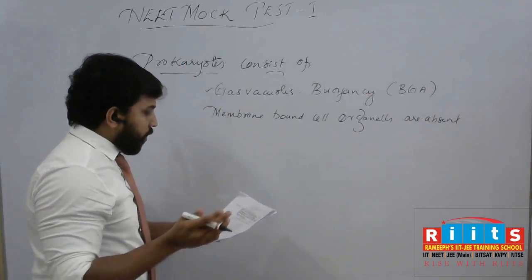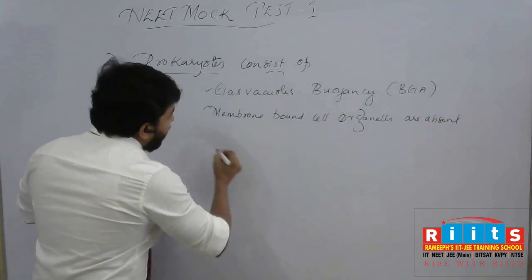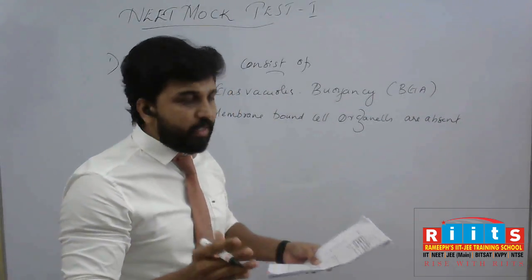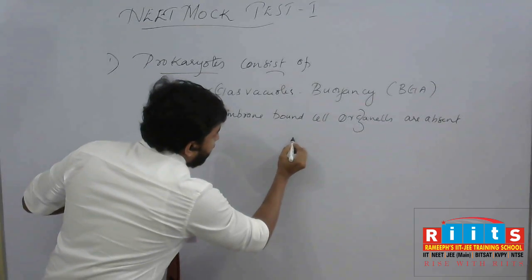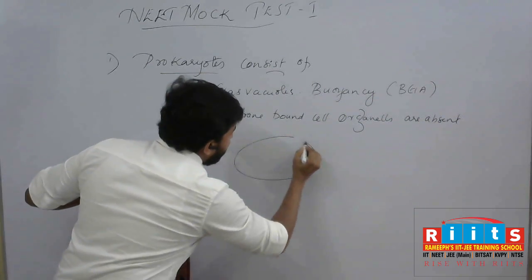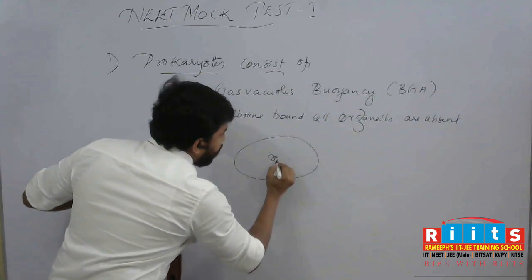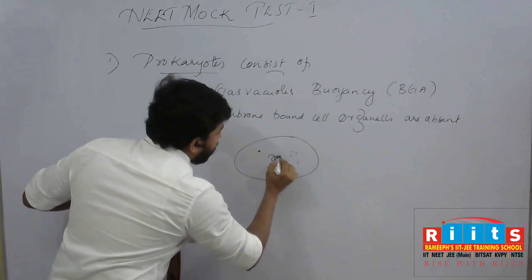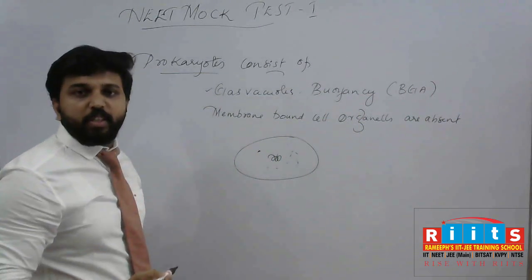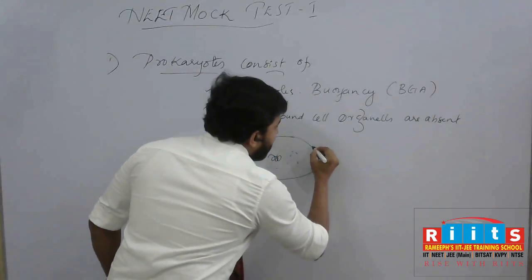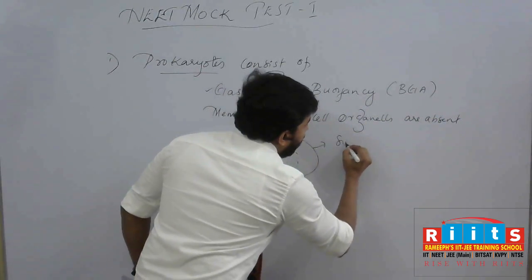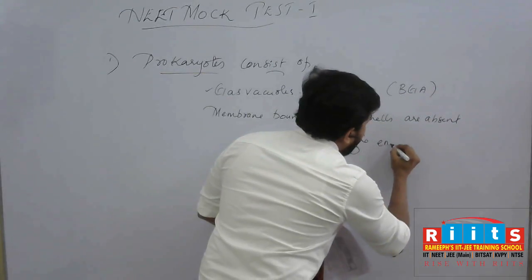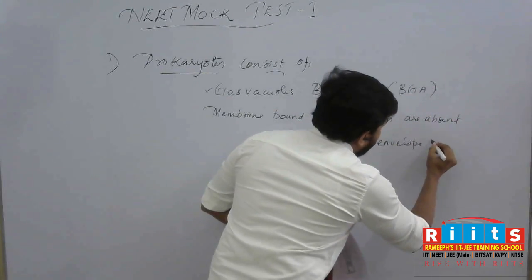So all the inclusions, all the materials present, such as the nucleoid, ribosomes and all the cytoplasmic substances, are present inside a single envelope system.